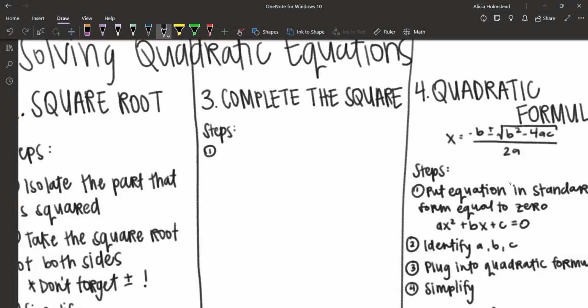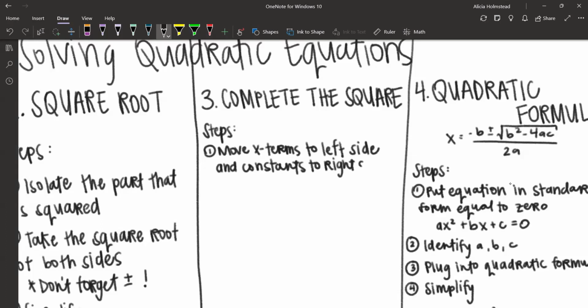Step 1 is to move the x terms to the left side and constants to the right side. It doesn't necessarily have to be the left and right side, but that was just the easiest way that I could find to refer to which part of the equation I was talking about.